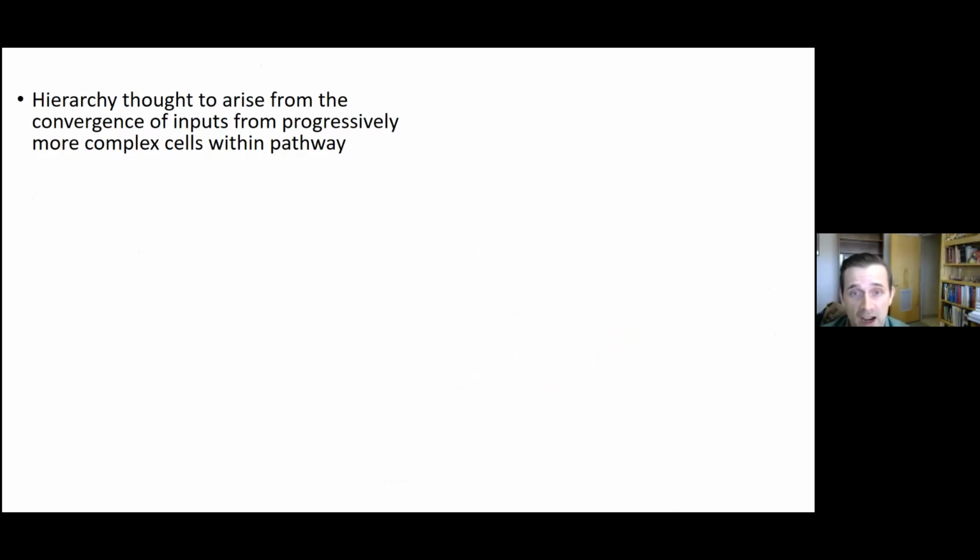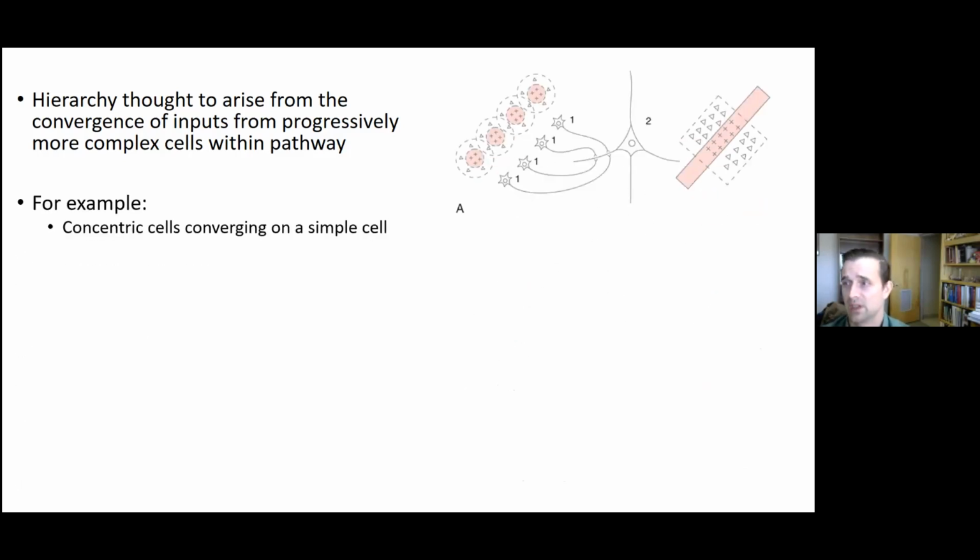So there is a hierarchy that's thought to arise from the convergence of inputs from progressively more complex cells within the pathway. So for example, you could have these concentric cells. Remember the little dots with on-off, surround, central, distinguishing responses.